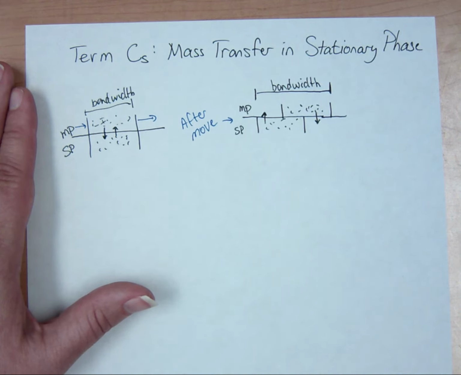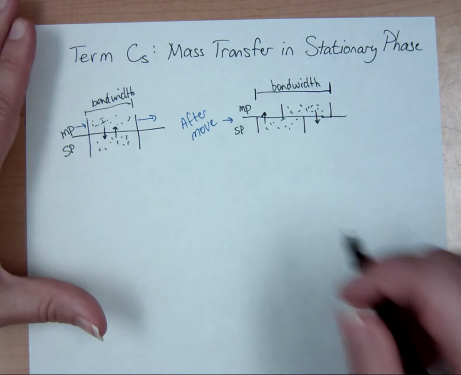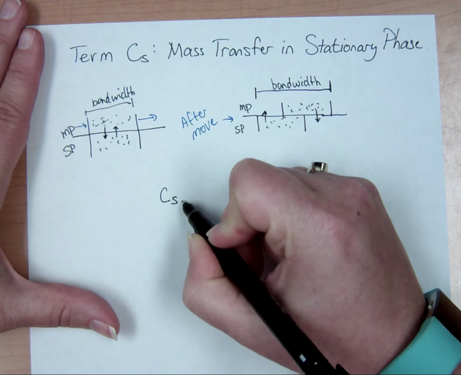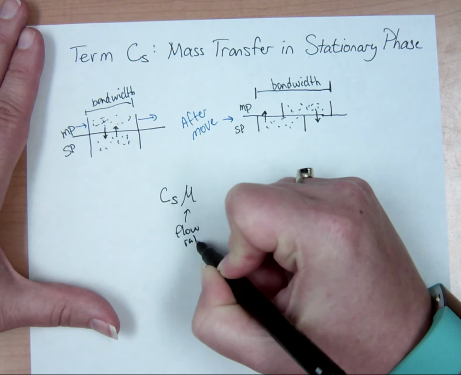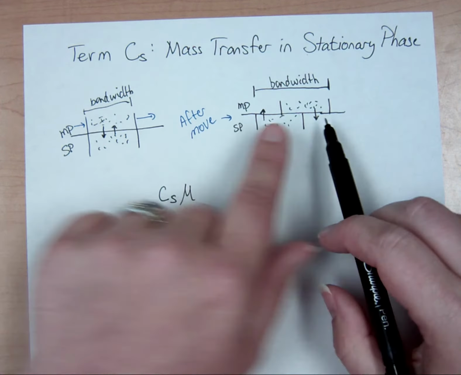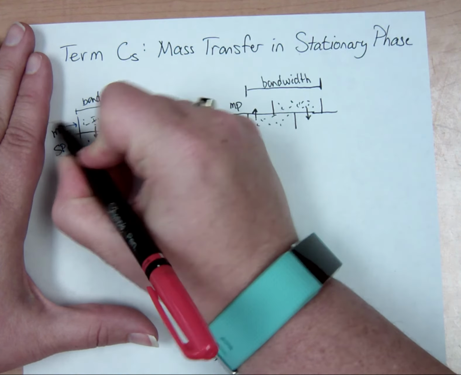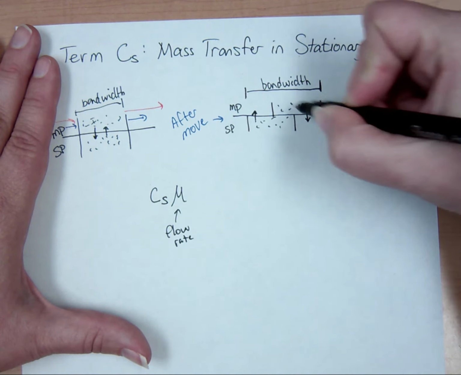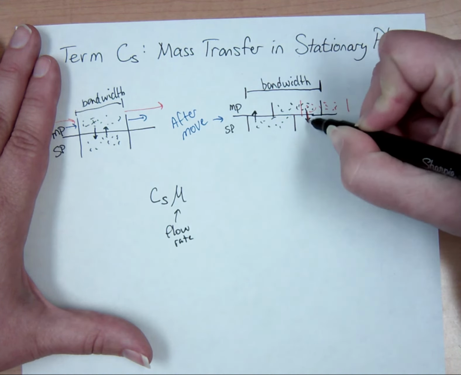So what does this mean in terms of how we would write this? This means C_S is directly proportional to our flow rate. The reason for this is that if this mobile phase moves faster, this is a faster flow rate, then we might get our mobile phase piece even more completely misaligned here.